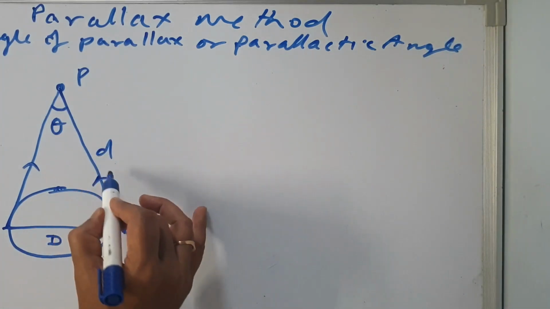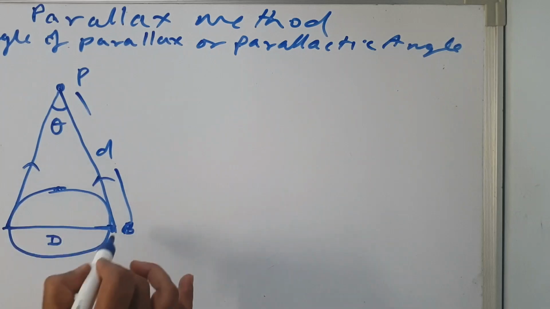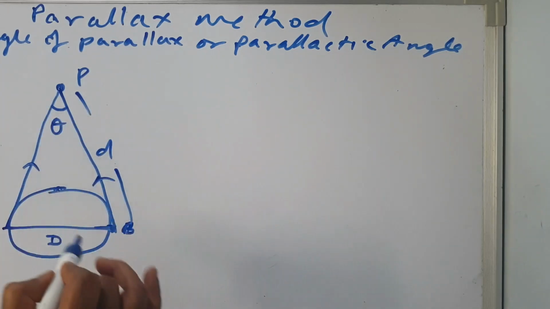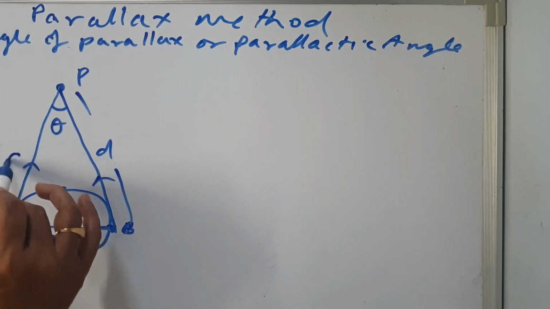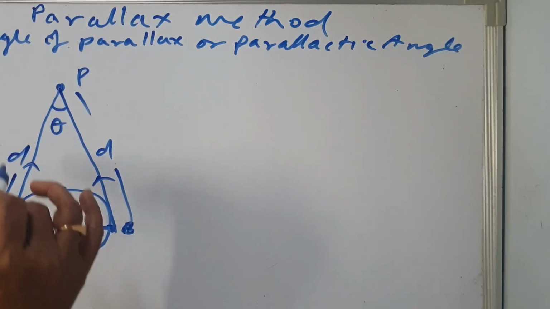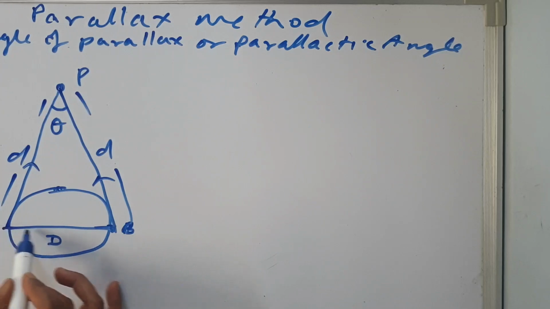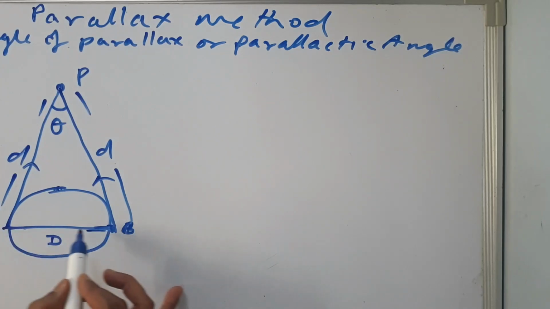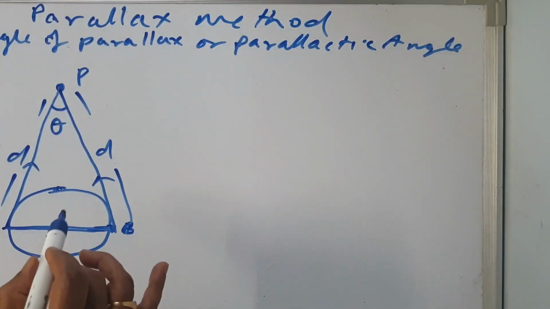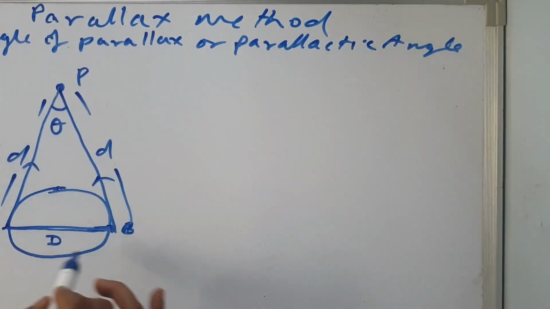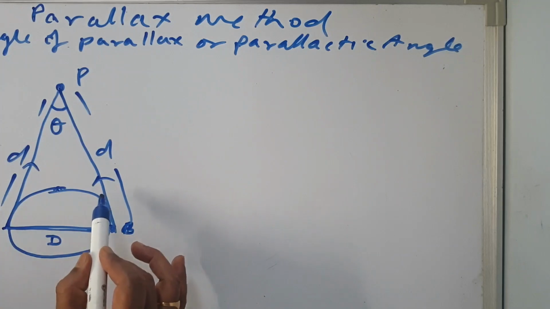Now if small d is the distance between B and P, that is the distance between the planet and the Earth, now AB, that is this distance capital D, the diameter of the Earth, is an arc lying on the circumference of a circle of radius small d.